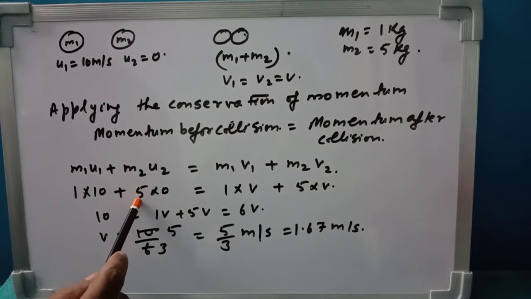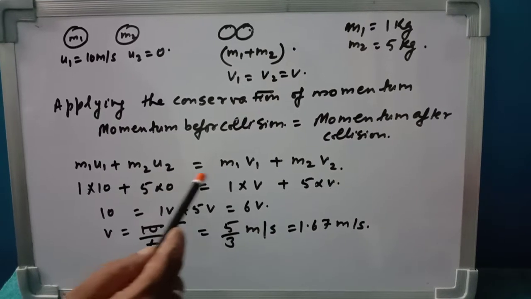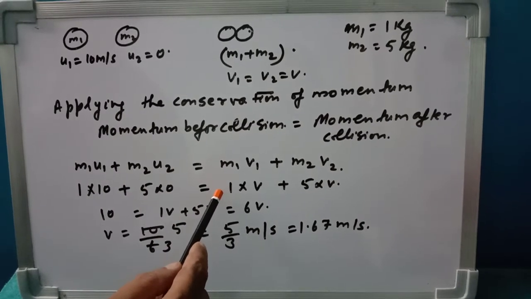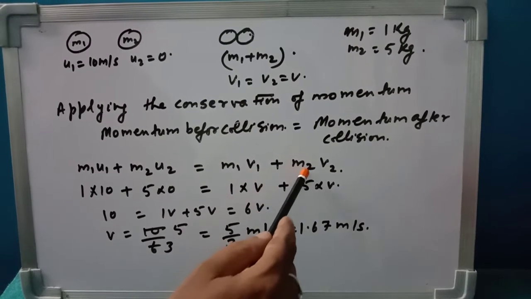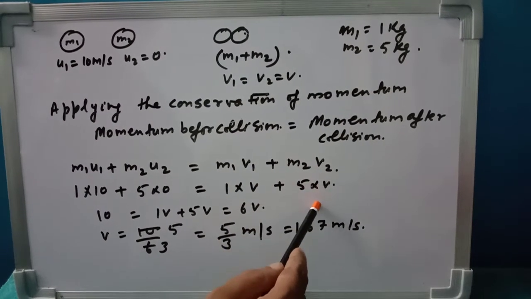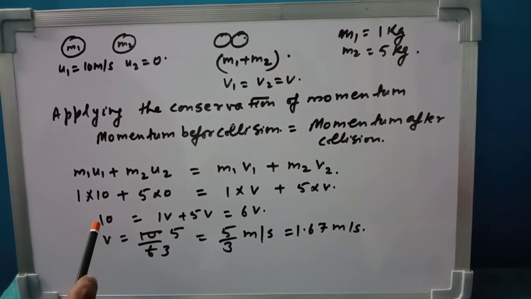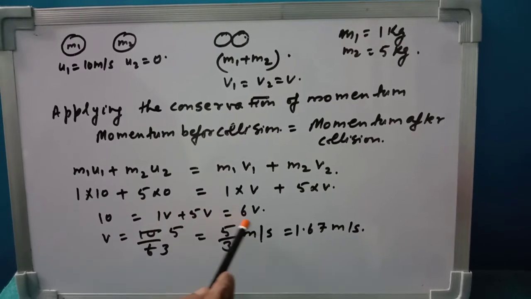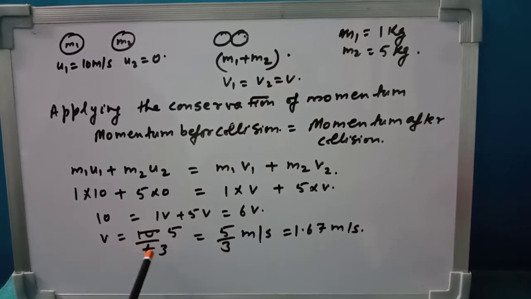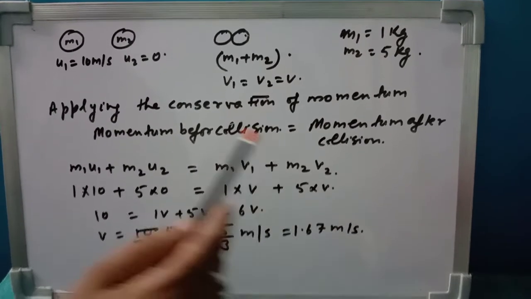Here m2 is given as 5 and it is at rest, therefore I have taken u2 as 0. m1 is equal to 1, v1 is equal to v, m2 is equal to 5 and v2 is equal to v. Both are moving with common velocity. So 10 is equal to 1v plus 5v, that is 6v. v is equal to 10 by 6, 5 by 3 meter per second, that is 1.67 meter per second.